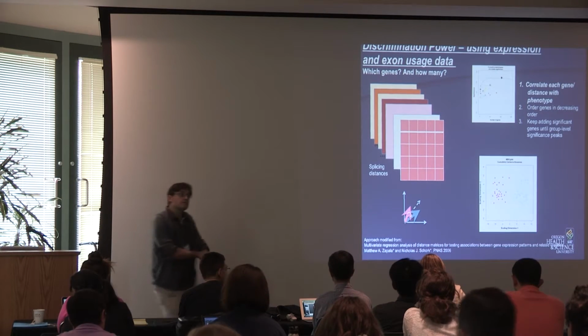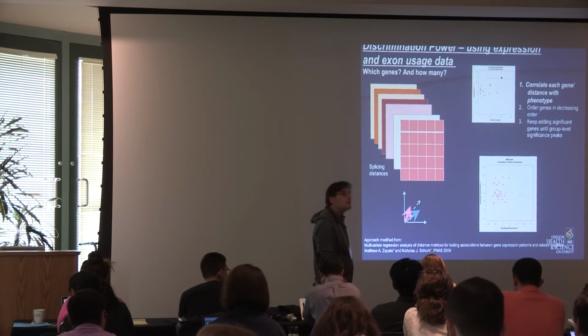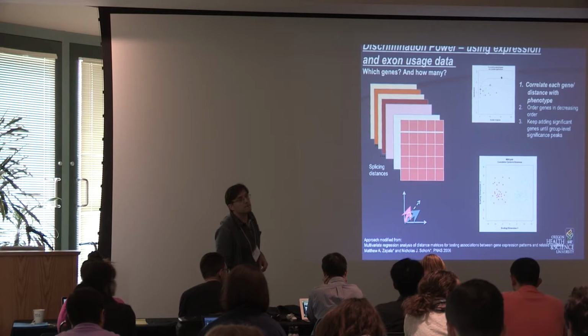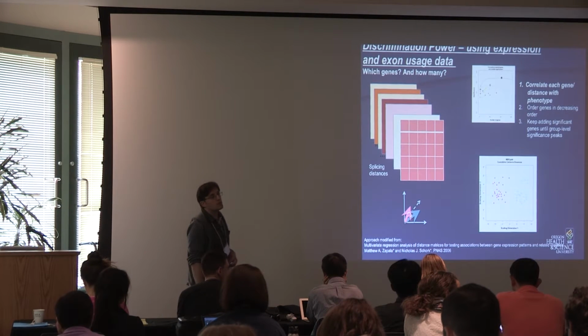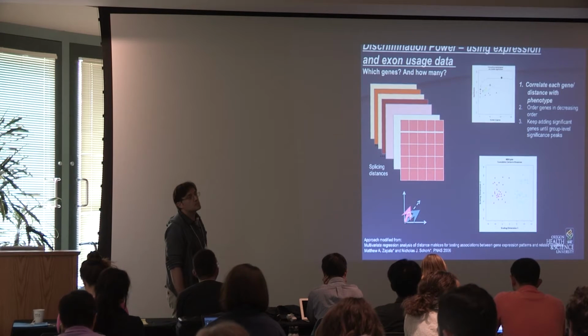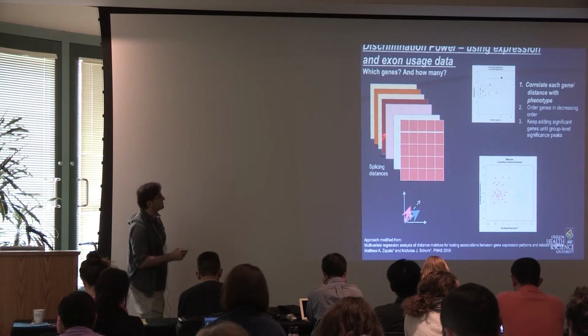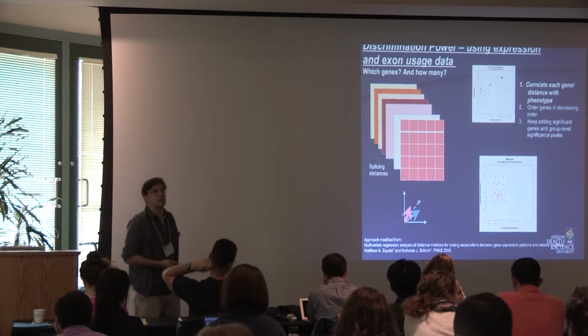Yes? I'm sort of lost somewhere in the previous step itself. The question is, why don't we directly do a differential splicing analysis or a gene level differential isoform analysis and choose those exons as the features to construct the network? Why do we have to choose this kind of a marker selection approach? The question is, if I understand correctly, why do I like this method of using matrices versus just using established tools?